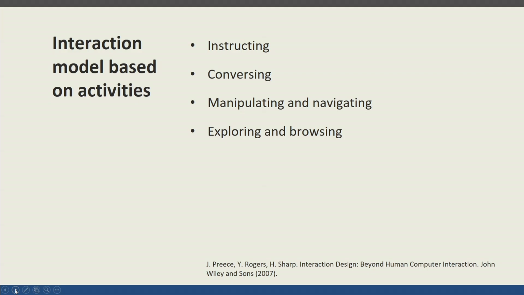The third set of activities involves manipulating and navigating through the interactive artifact, manipulating the objects and navigating virtual spaces, which results in a different kind of interaction model. And the fourth set of activities is about exploring and browsing. So in this categorization we have different sets of activities resulting in different interaction models. First, let us look at the set of activities which are about instructing the interactive artifact.